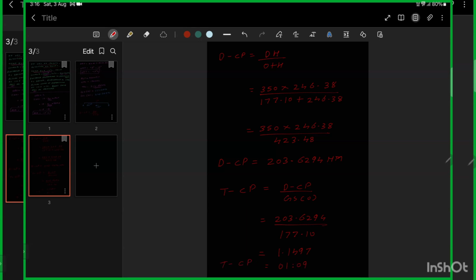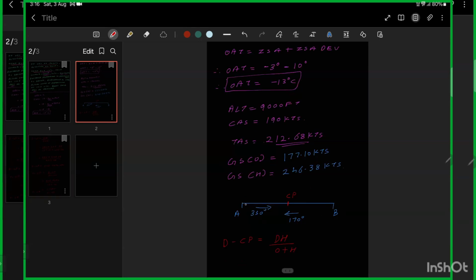Okay. Now we have found out this time to CP. That means from A to go to CP, you will take 1 hour and 9 minutes. So what does the question say now? What time did you leave A? You departed A at 11:05. So if you depart at 11:05, what time will you reach CP?